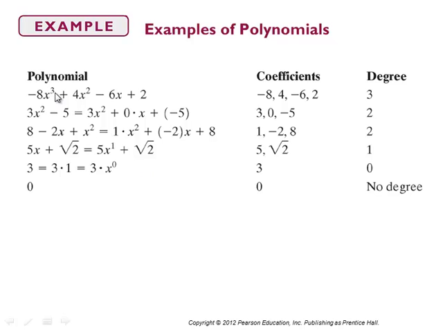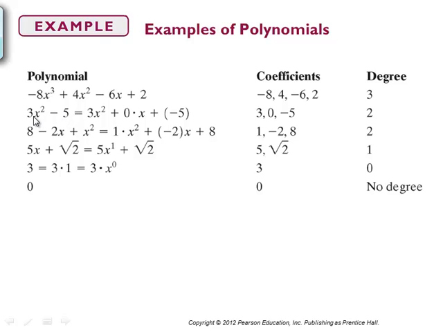So negative 8x cubed plus 4x squared minus 6x plus 2 would be a third degree polynomial with a leading coefficient of negative 8. And you'd have coefficients of negative 8, 4, negative 6, and 2. Now, when you have missing terms, you can still talk about what the coefficients are.